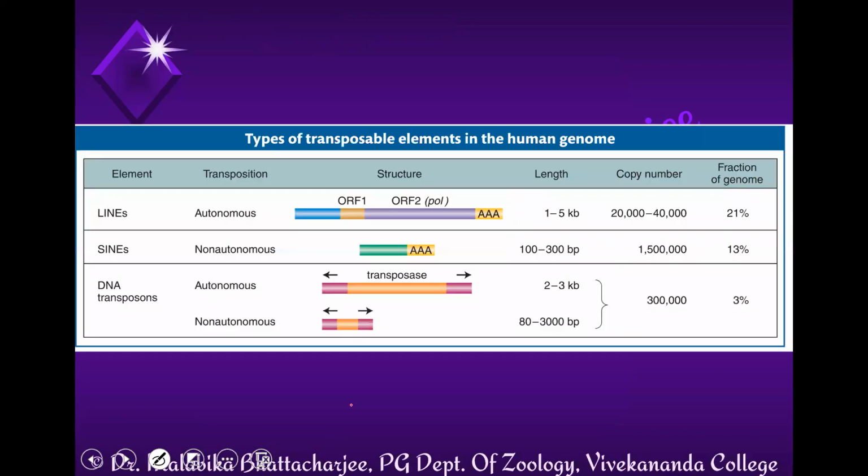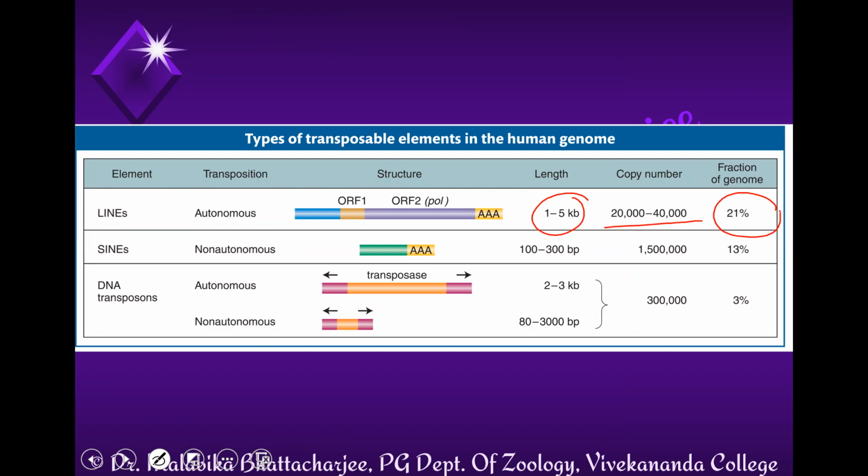So, more or less summarizing the mobile elements we find in the human genome: we just talked about the LINEs. They are autonomous, with 2 ORFs, length 1 to 5 kb, copy number 20 to 40,000, and they make up just 21% of the genome. So you can imagine what volume it is occupying in the genome.